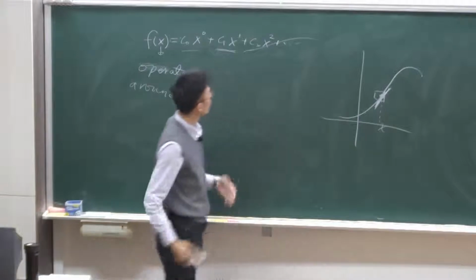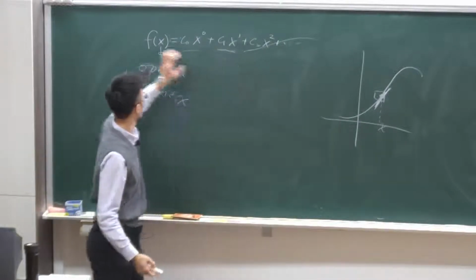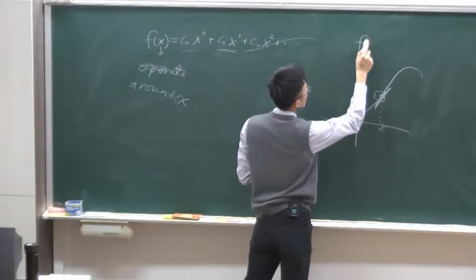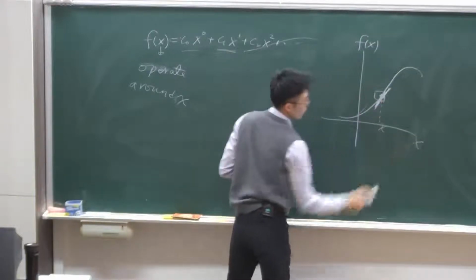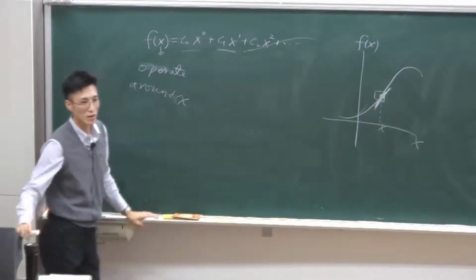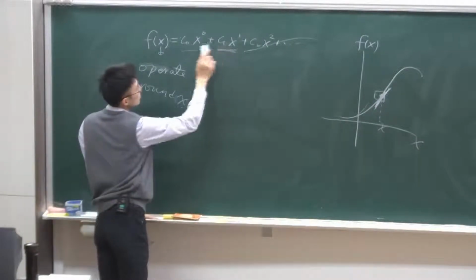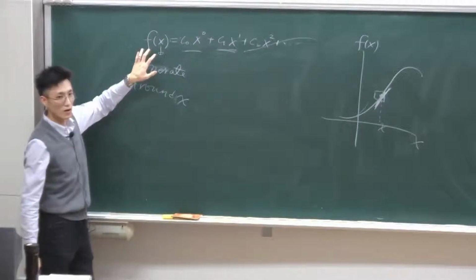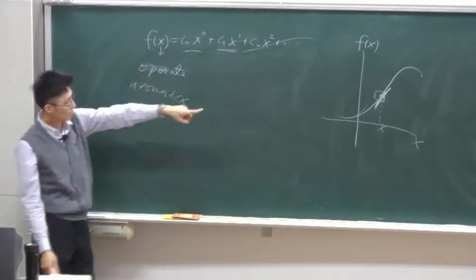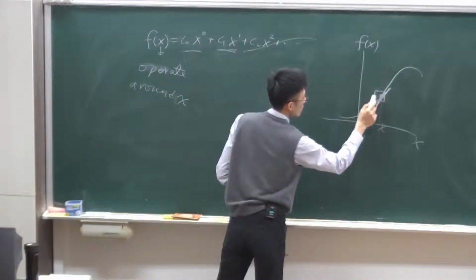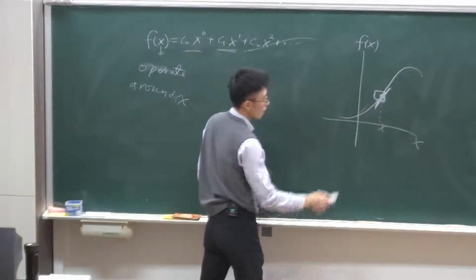Although you can use the whole series to approximate the function across the whole domain. So linear functions can only approximate a linear function. And in this case, a linear function is in this compact small area. Okay, in this area.